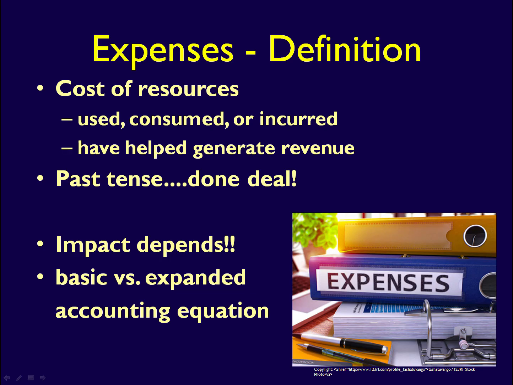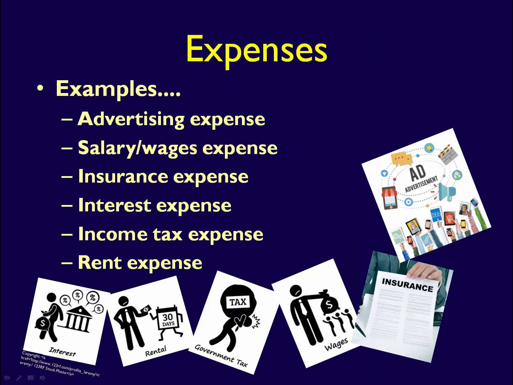The biggest issue is how to record expenses when they happened. Should they be recorded as a plus because they increase, or a negative because they decrease profit? That totally depends on whether the business is using the basic equation or the expanded accounting equation. Check back to Chapter 2 for a refresher if you don't know the answer to this conundrum right now.